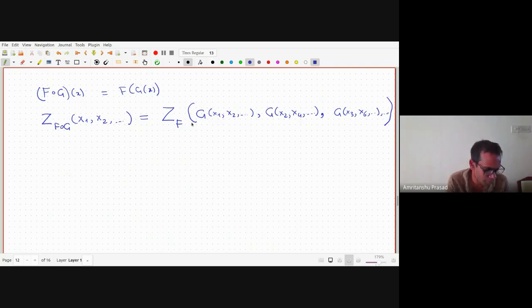This is what is called plethysm, and this is called Z_F circle Z_G. Let me explain this a bit more carefully. Some of you have seen plethysm of symmetric functions, and this is closely related to that.